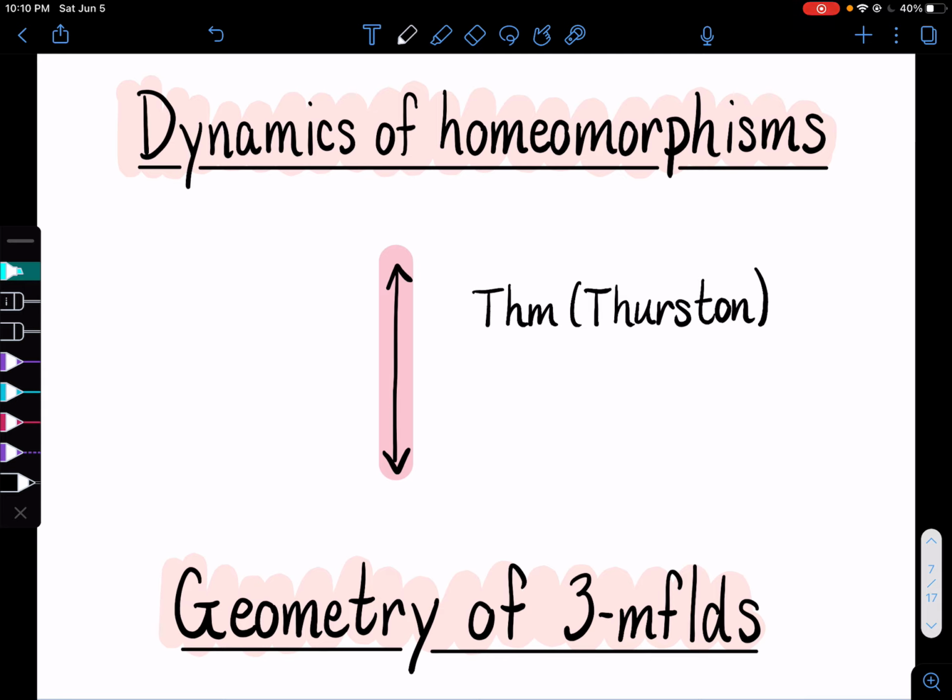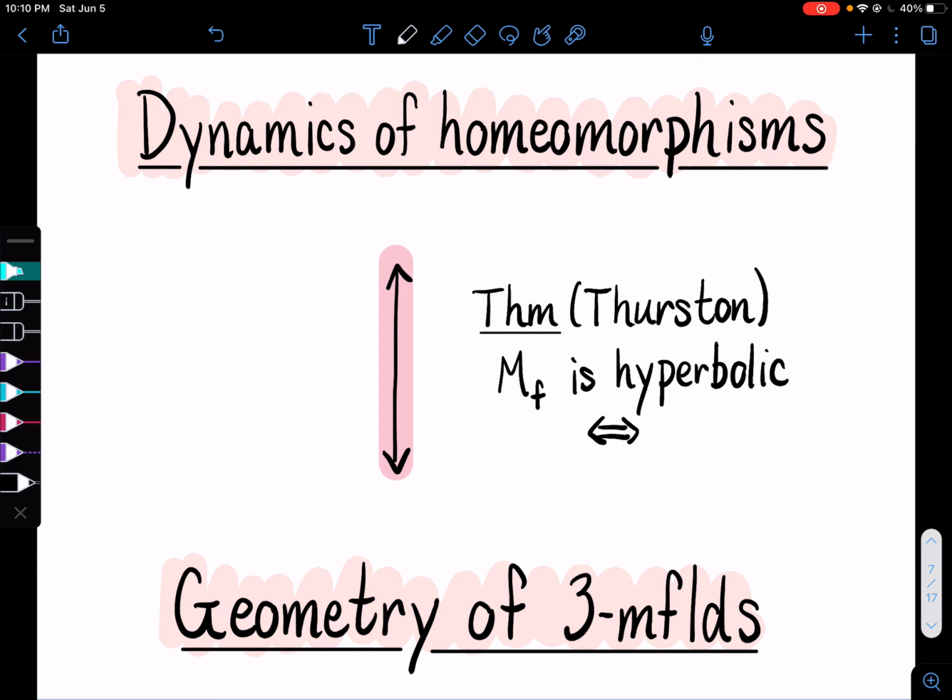Okay, so this was a first step in the hyperbolization, geometrization conjecture, which is that the mapping torus of F is hyperbolic. We talked about mapping tori a little bit in part 1. In case this is not familiar, feel free to check that out.